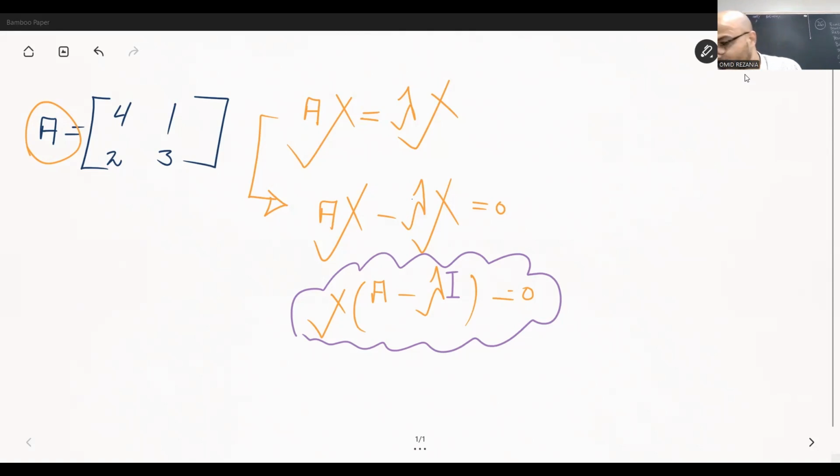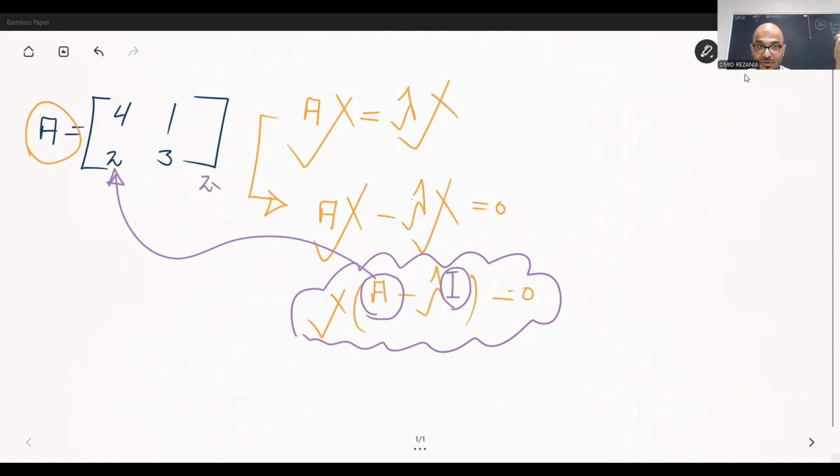Now, as a result, what I need to do is this. I find two things. First of all, the matrix A is given. I have it over there. And also the identity matrix I is a very popular matrix. For example, the matrix A, which I have over there, is 2 by 2 because I have two rows and two columns.